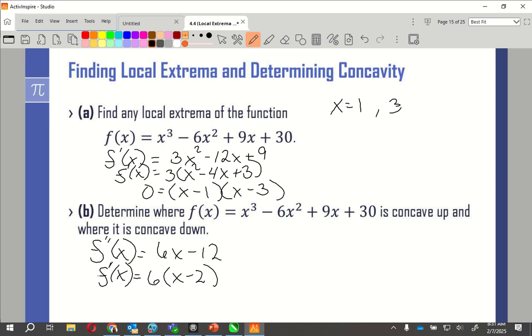And if I plug in my critical points, if we plug in a positive 1, at positive 1, I'm going to get a positive times a negative. So that's a negative. So that means if that's a negative, this has to be concave down, right? Throw up that gang sign. If it's concave down, what type of point do I have at 1?